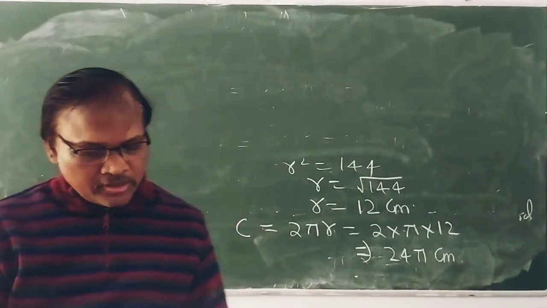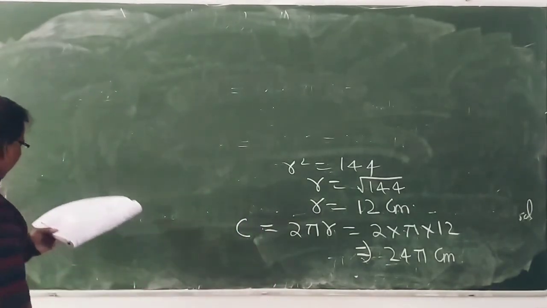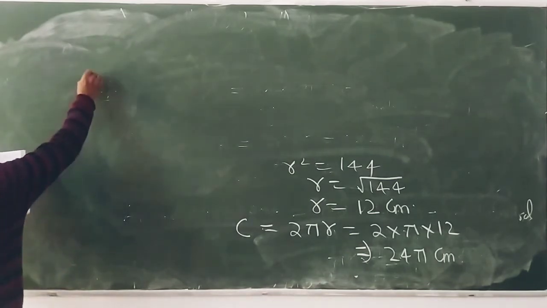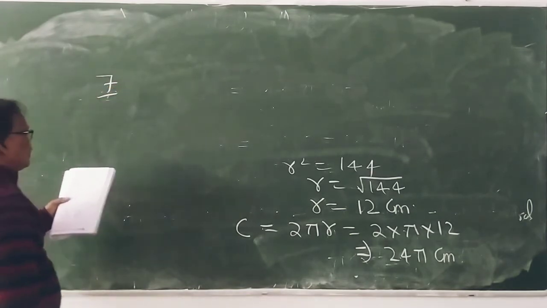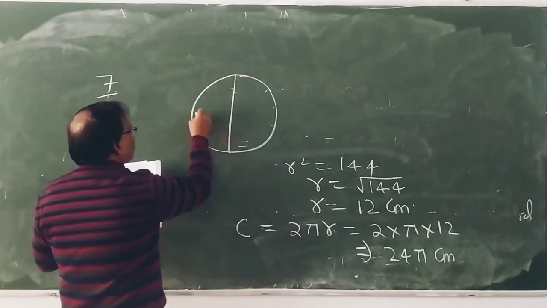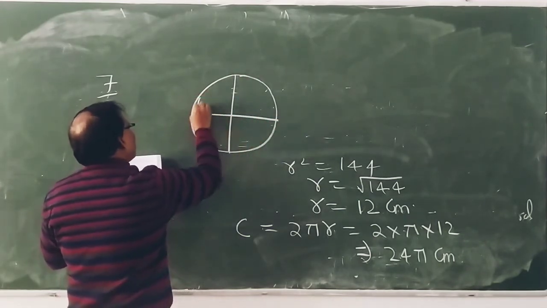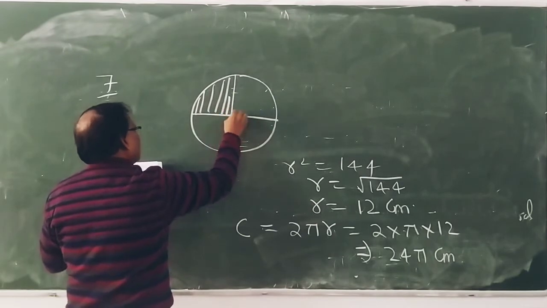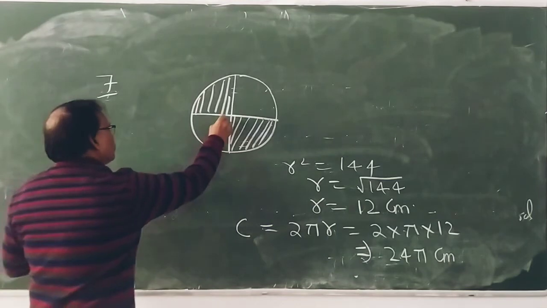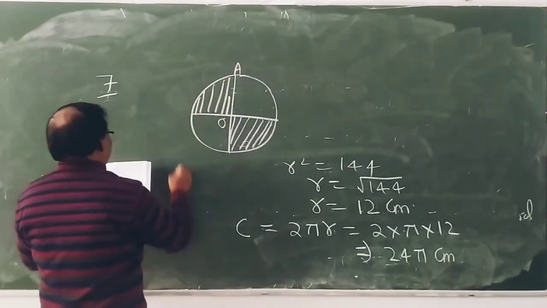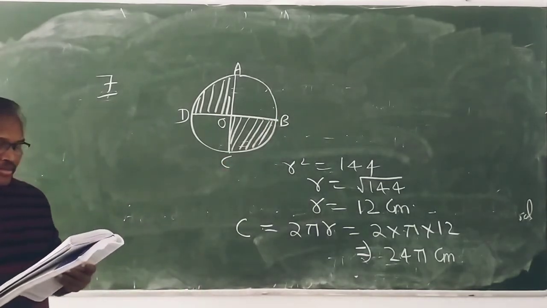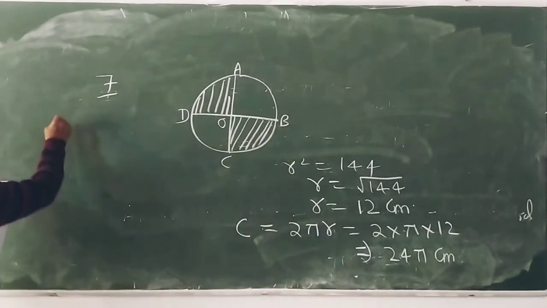Next question of this. One figure is given, question number 7. It is an easy one. This is the shaded part. O, A, B, B and C. AC is equal to 16 centimeter.